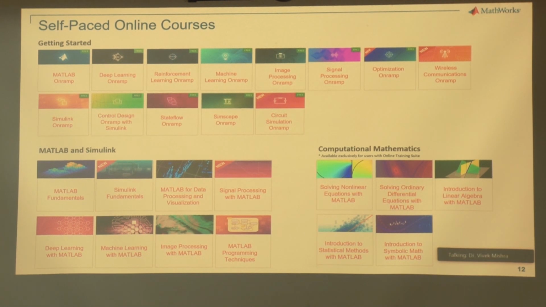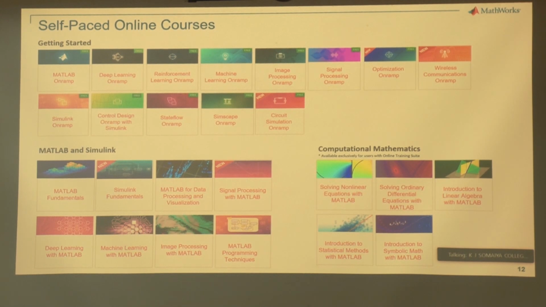Any course, sir, what is the URL for this? Yeah, I'm just opening it in a bit. Just to note, any course that has the word Onramp mentioned is available and accessible to everyone, because these are introductory courses of about 2 hours each, and they just give you an overview of that particular topic.